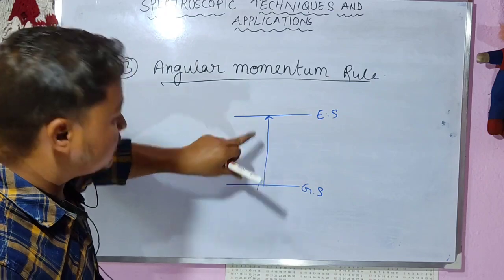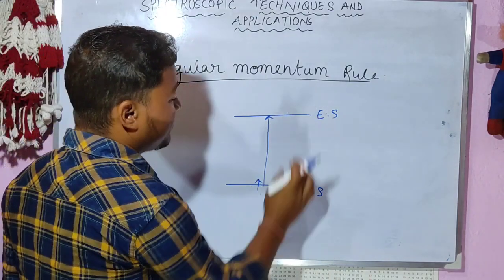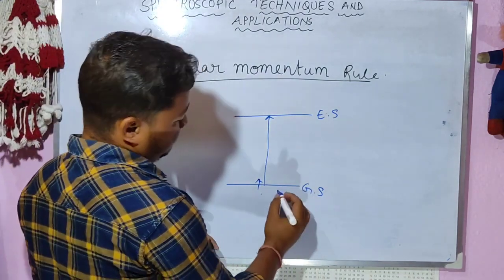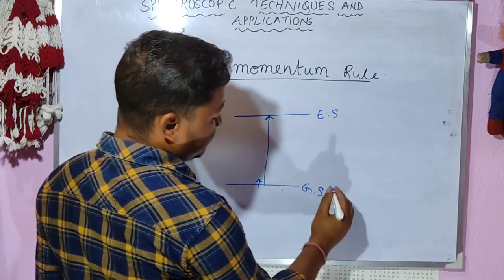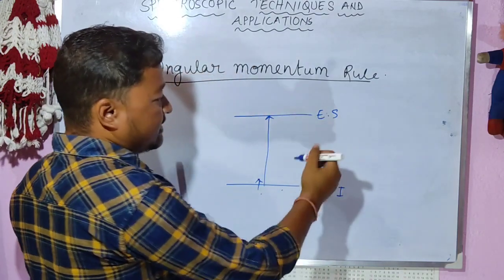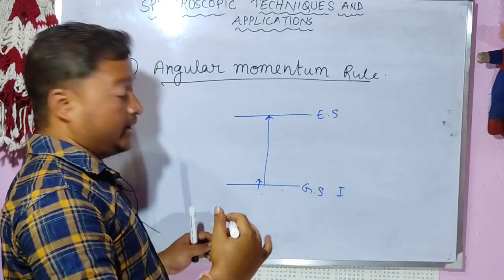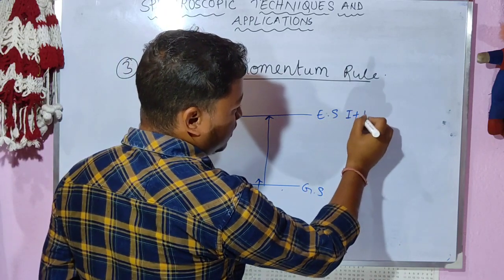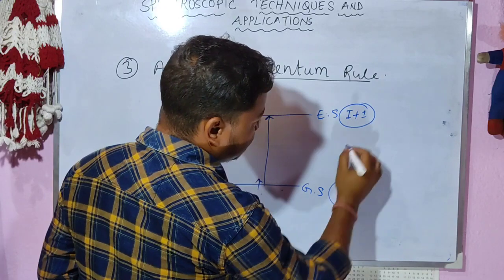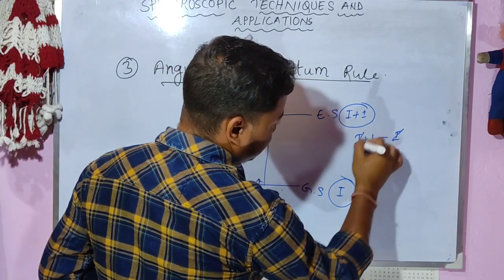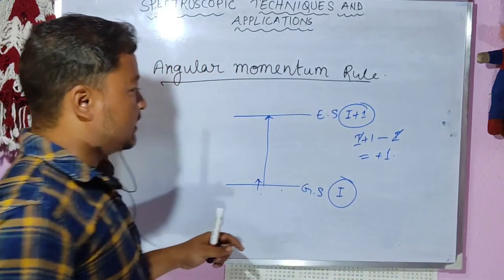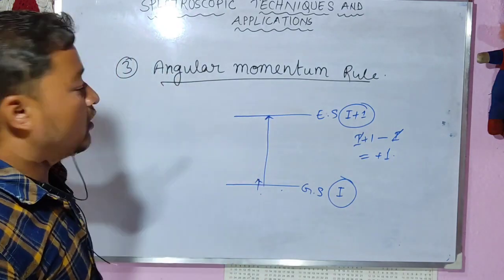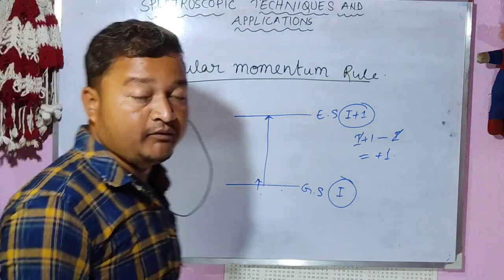The transition will occur only when the difference of angular momentum is 1 unit. That is, if the angular momentum of the ground state is l, the transition occurs only when the angular momentum of the excited state is l plus 1. That is, the difference is l plus 1 minus l, that is plus 1. Only when the difference is plus or minus 1 does the transition occur. This is the angular momentum rule.